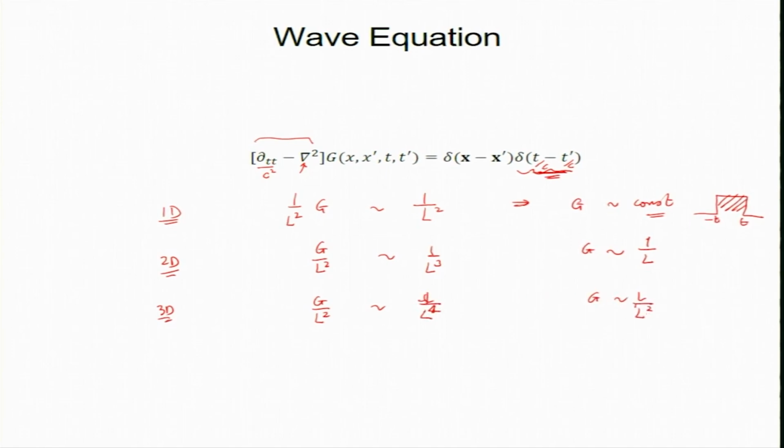And what was the answer for 3D? The answer was delta of R minus t by c divided by R, this is what I derived. So, the delta function has dimension 1 by L and 1 by R has dimension 1 by L. So, it is 1 by L squared. So, it is consistent, things should make sense dimensionally.